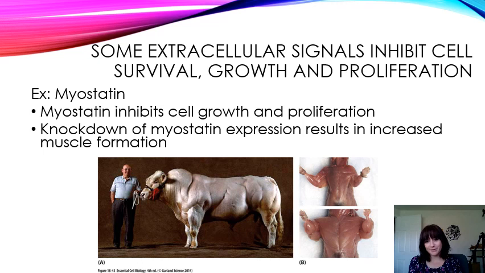And the most swole mouse I have ever seen. It's quite disturbing looking. But pretty interesting. So all they did in these two species was they inhibited the synthesis of this myostatin signal. And so again, the cells in the muscles grew larger in size and the cell division rates increased.